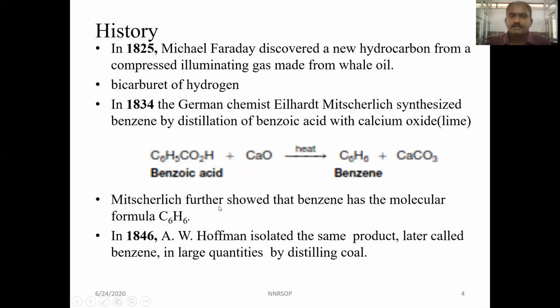Mitscherlich also showed the molecular formula of benzene as C6H6. He was surprised by this molecular formula, which is not according to the structural theory, because all the carbons should have four hydrogens.